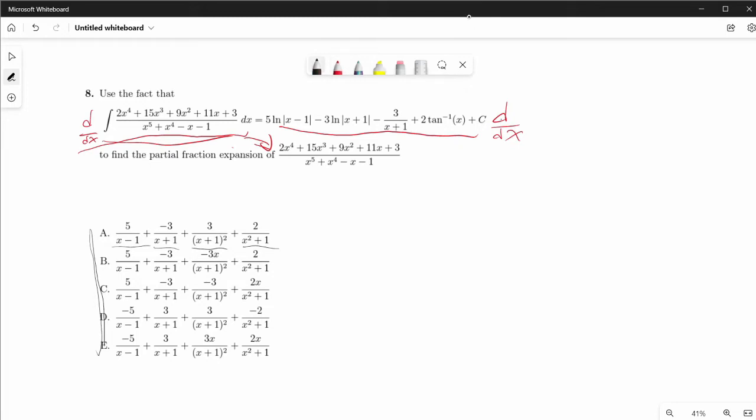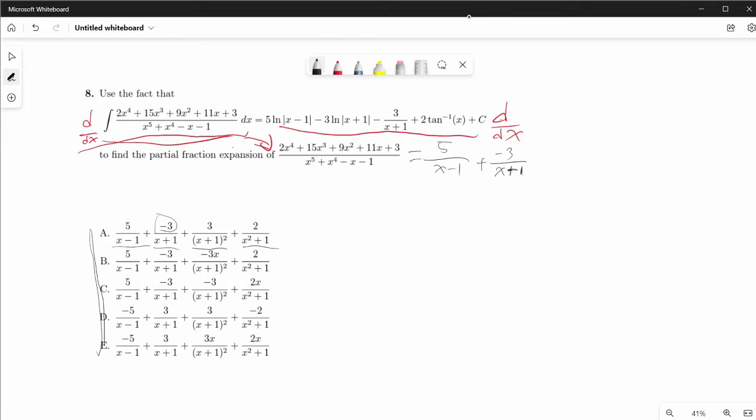That is one way you can think of this, right? So the derivative of this ln is just 1 over whatever is in that ln. 5 over x minus 1 plus negative 3. Remember, the negative signs apply, and since they're doing the negative signs inside the fraction, I'm going to keep that format so it's easy to compare.